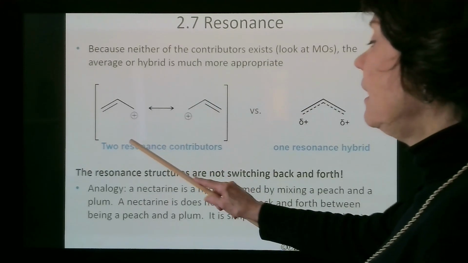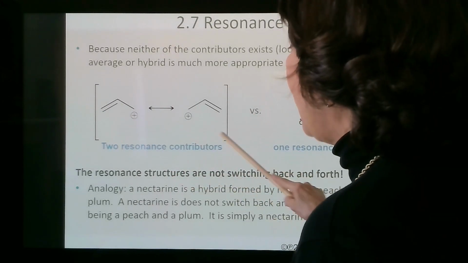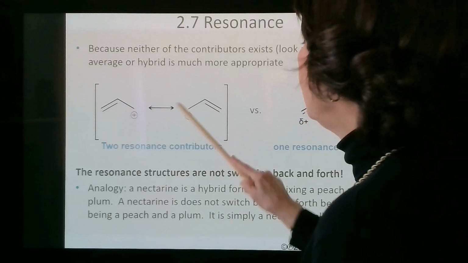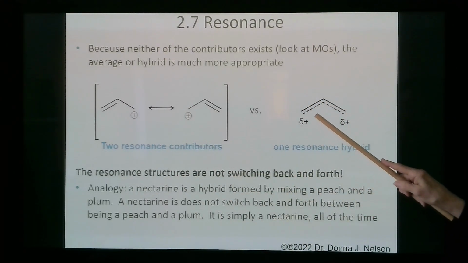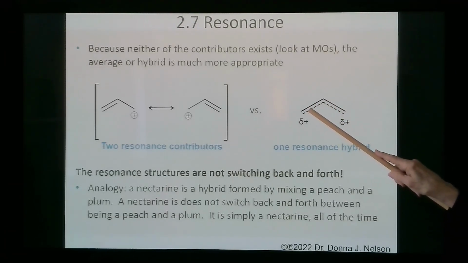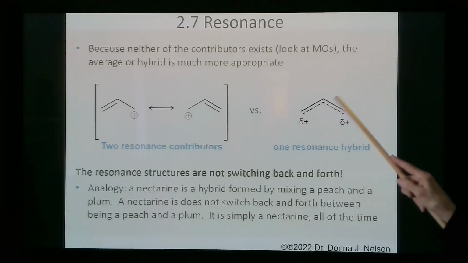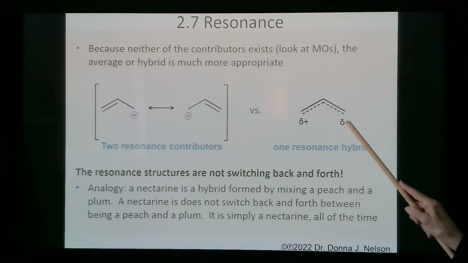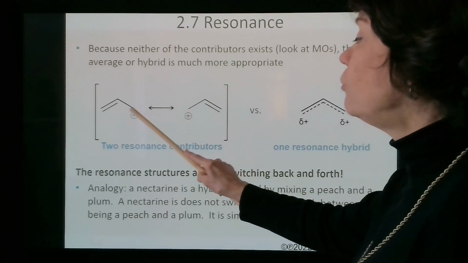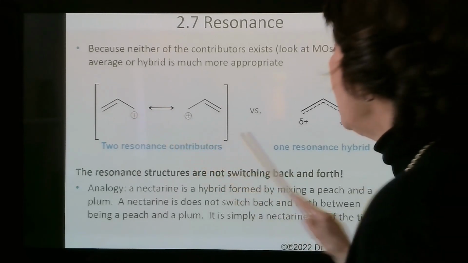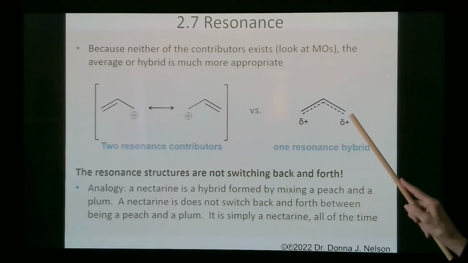Here we have it again, 2 resonance structures. Notice the brackets, the double-headed arrow, and the positive charge at the 2 termini. This is another way to draw it: using dashed lines to indicate that there is one carbon-carbon pi bond in here, and a partial positive here and a partial positive there. That is because the positive charge is smeared out across the whole molecule, with part of it at one end and part at the other.